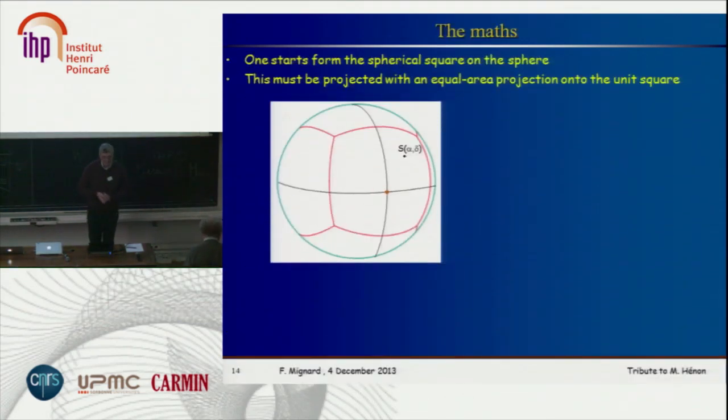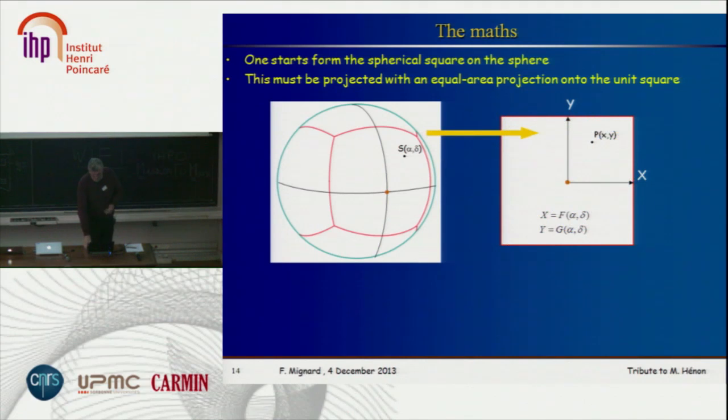Well, the math of that, which is essentially my derivation. One starts from the spherical square on the sphere. That's fine. And this spherical square must be back projected by an equal area projection onto a unit square, and reciprocally, obviously. So this is what we have. We are looking for two functions, x and y, of the spherical coordinates on the sphere, so that we have the symmetry.